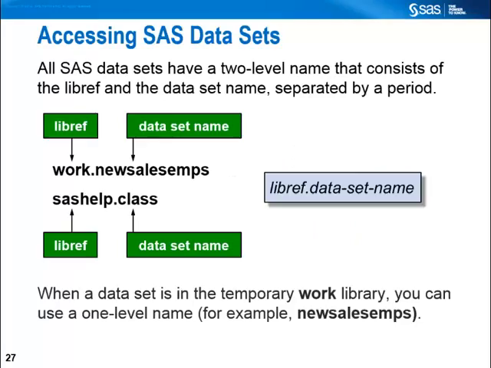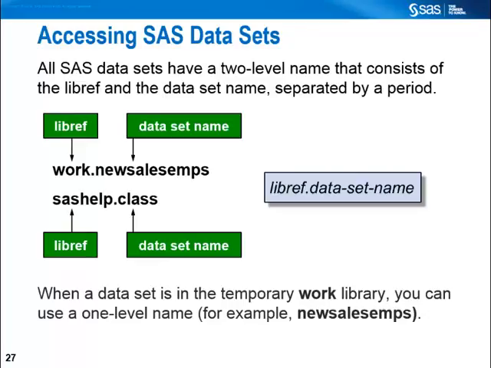Accessing SAS datasets. All SAS datasets have a two-level name that consists of a libref and the dataset name separated by a period. According to the current example, libref is work and newsales_emps is the dataset name. And here work is a temporary library. In the second example, sashelp.class, the sashelp libref is a permanent library and class is one of the datasets within this library.